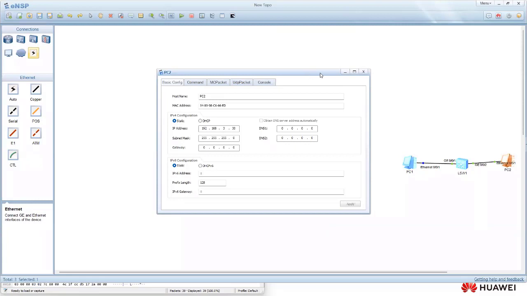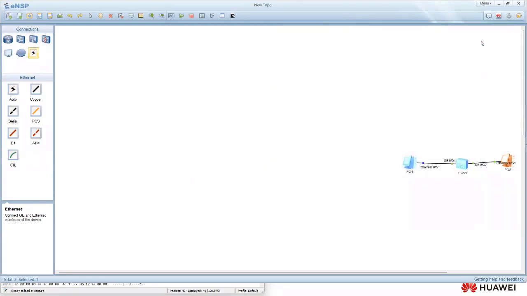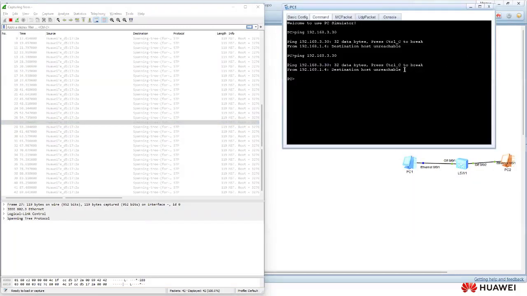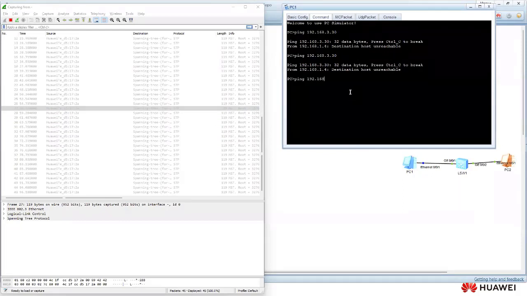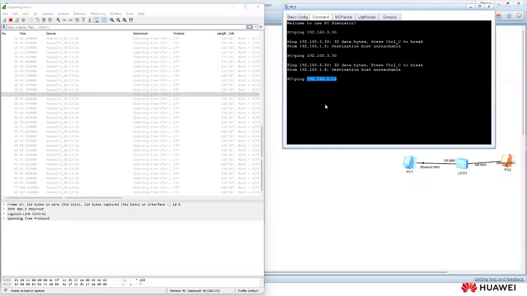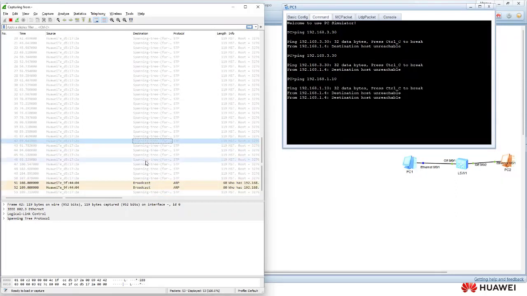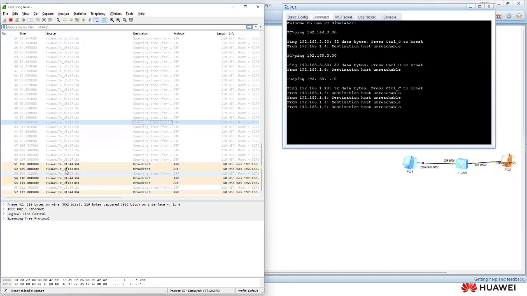Let me change this to some IP address. Let me try to ping some IP address that is on the same network as PC1. I'm going to ping 192.168.1.10. Now we all know there is no PC with this IP address, right? It's not there in our network, but let me ping it and we see. Do you see this?